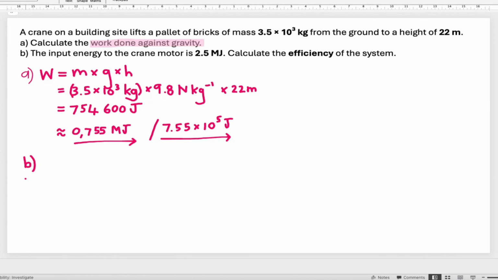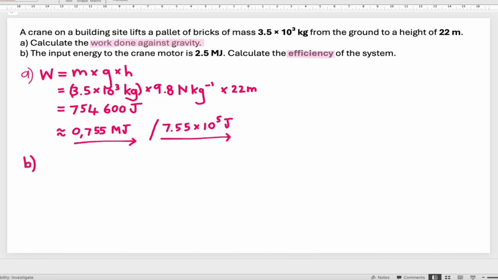So here we have to calculate the efficiency of the system. They tell us that the input energy to the crane motor is 2.5 megajoules. Efficiency compares useful output to input, right? The useful output here is basically the work done against gravity.